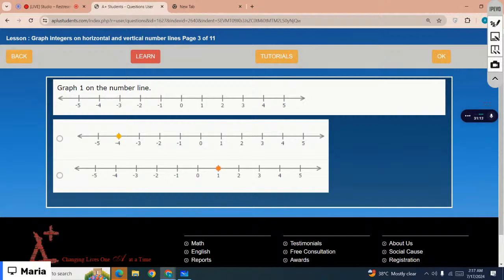Graph 1 on the number line, which is the correct option? Very good. Option number 2 is the correct option.